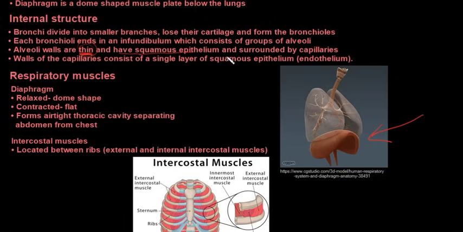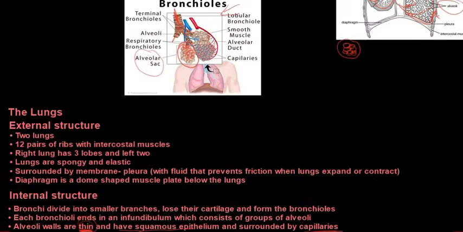And this is with the squamous epithelium. And then they are surrounded by capillaries, so the blood that helps with the transport. The walls of the capillaries also consist of a single layer of squamous epithelium or endothelium. So if we go up, you'll see that you've got the infundibulum, and then the infundibulum is surrounded by the capillaries that will help with diffusion.